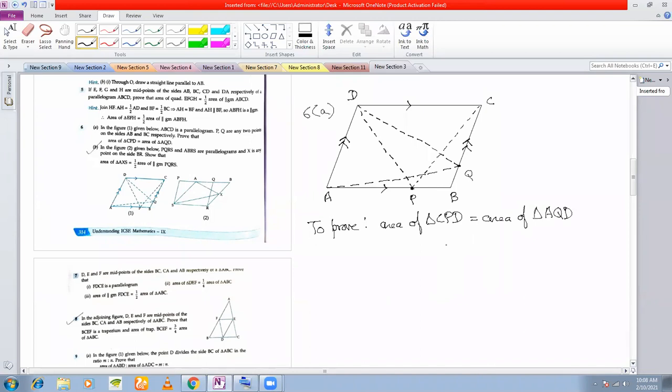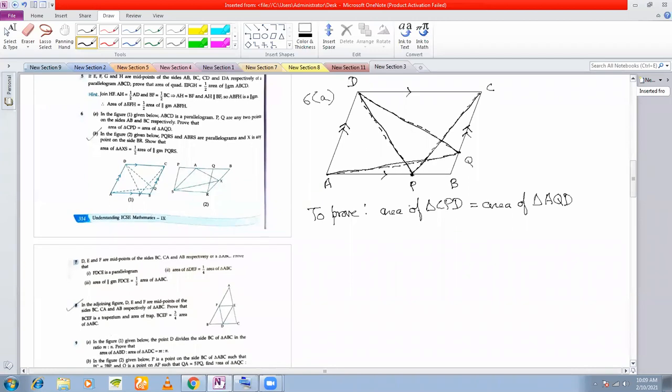Now, if you see in the figure, you can see two triangles. This is your triangle CPD and AQD. This is the triangle that you can see. Okay. You need to prove that the area of these two triangles are equal.